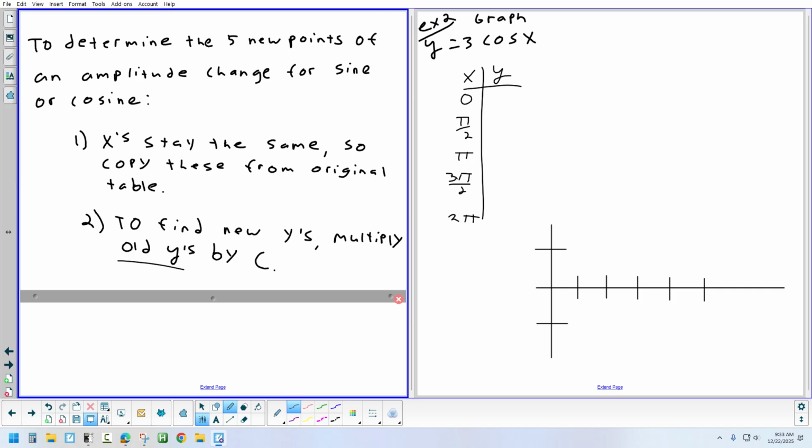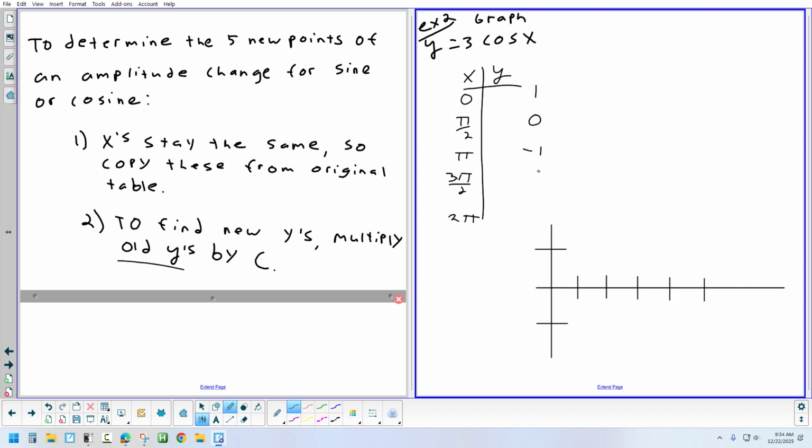How about Jaden? What are my original y values for cosine? 1, 0, negative 1, 0, and 1. And what are we going to do to all those y values? Multiply by 3. Times them all by 3. So 3, 0, negative 3, 0, and 3.